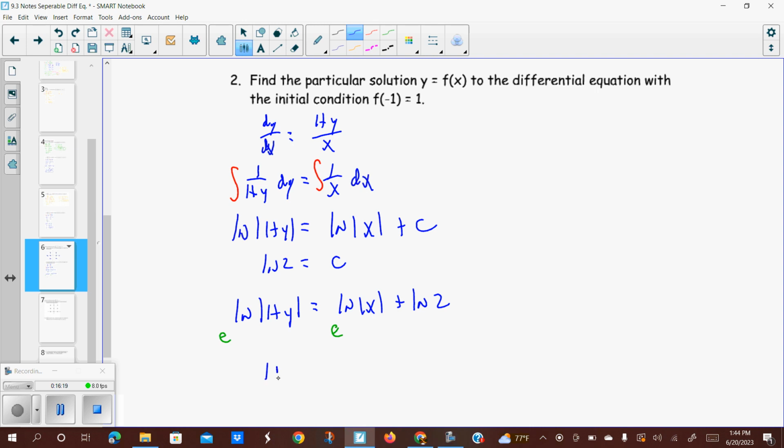So this is going to be 1 plus y. And on the right-hand side, this is going to be a little bit different because both of these two things are natural logs. The right-hand side is actually going to stay in its absolute value when I take the exponentiation here.